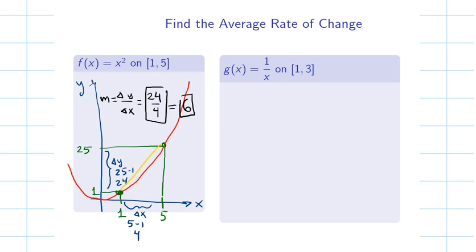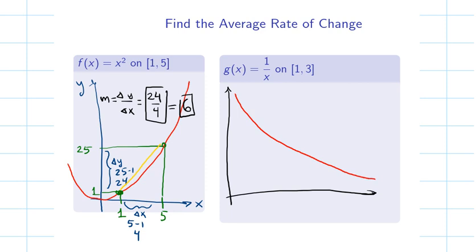Let's do the next one. Again, I'll draw a picture. 1 over x looks like this. It decreases, and we have 2 points. We have x is 1 and x is 3. And so I can already see that delta x is 3 minus 1, which is 2.